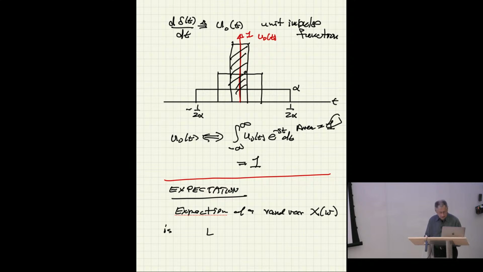It's written as capital E of the random variable, in this case it's x, which we write as the random variable x with a bar over it, meaning average or expectation.